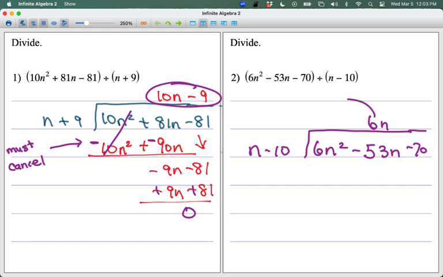We distribute. That will be negative 60n. Distribute. That will be 6n squared. Remember, I told you that these will be the same, so that when we change the signs to subtract, these will cancel.